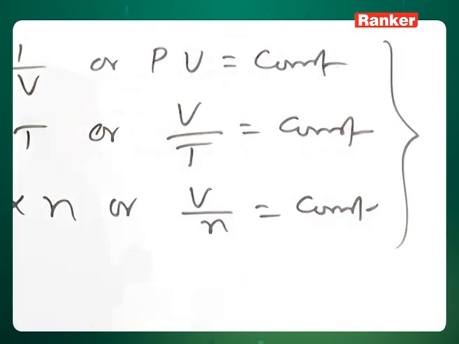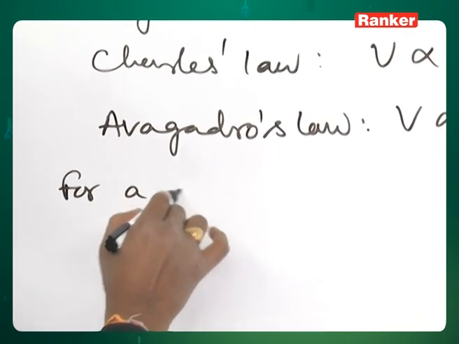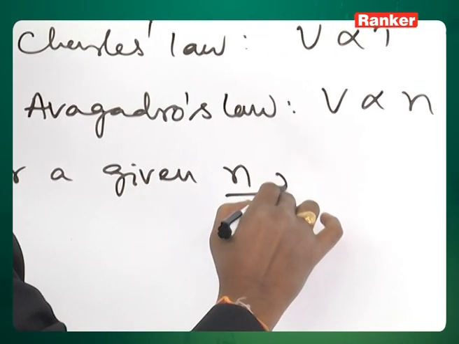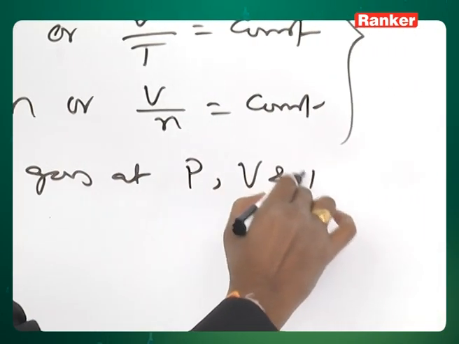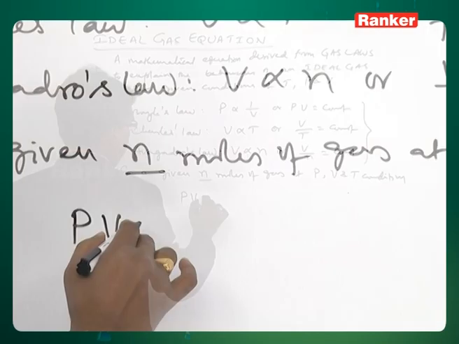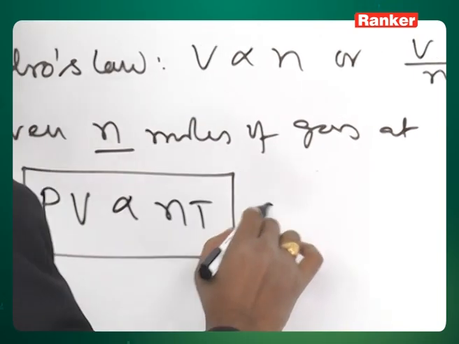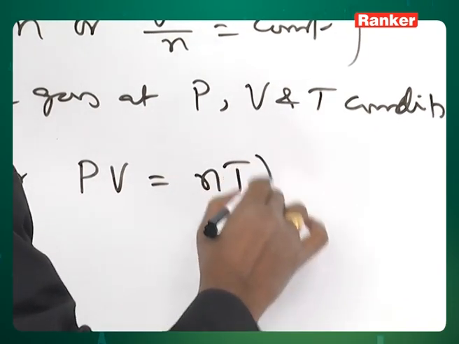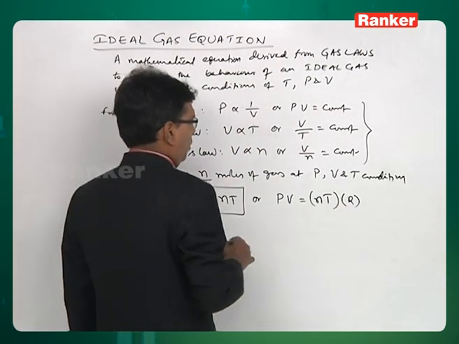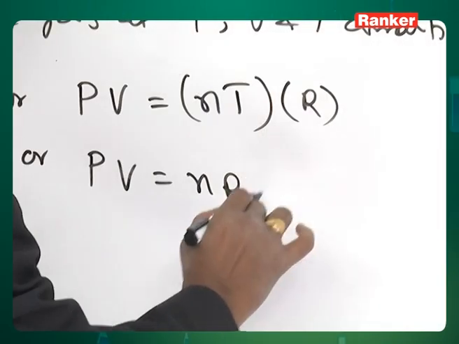So, now if you combine all the three, what we can get is that for a given n moles of gas at P, V and T conditions, we can write PV is proportional to nT, or PV is equal to nT with a constant R, or in books in a standard way it is given as PV is equal to nRT.